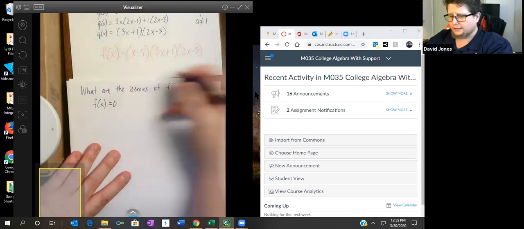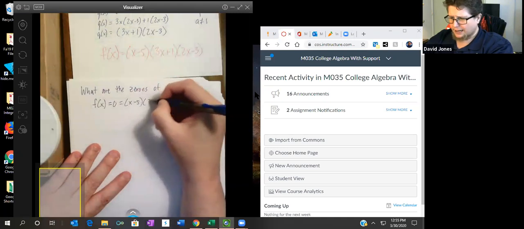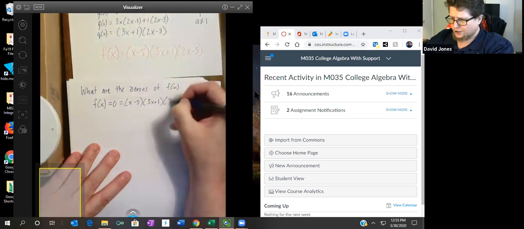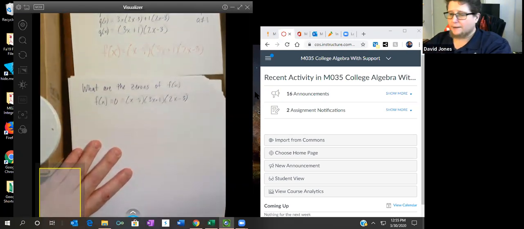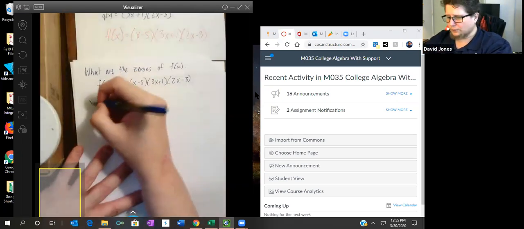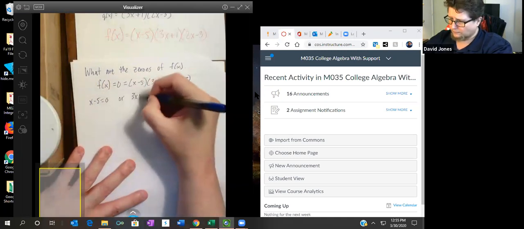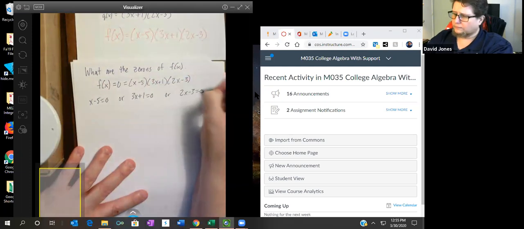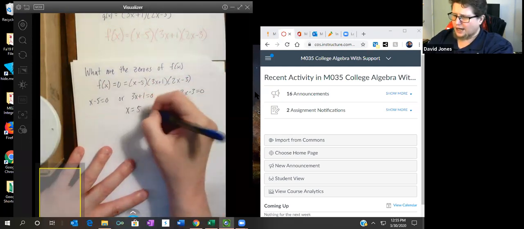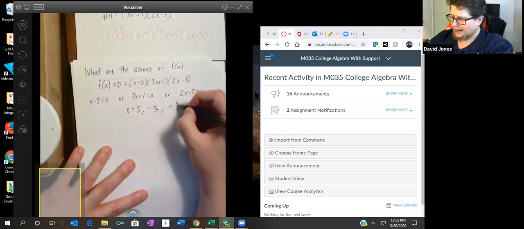That means x minus 5 times 3x plus 1 times 2x minus 3 has to equal 0. And we can set each one equal to 0 and solve. And we get x equals 5, negative 1/3, and positive 3/2.